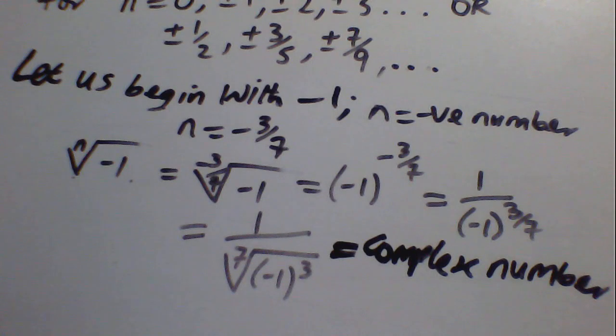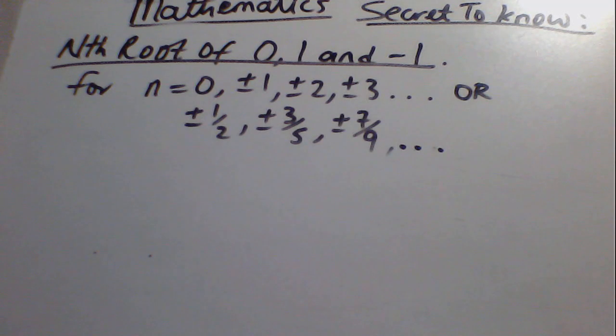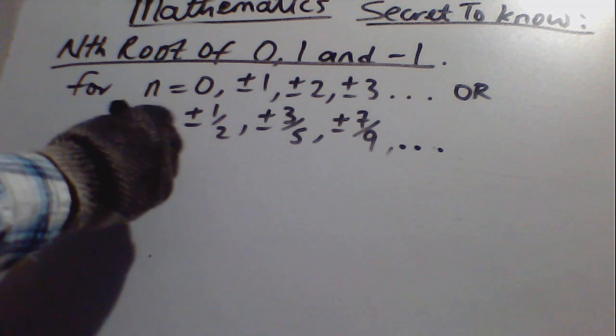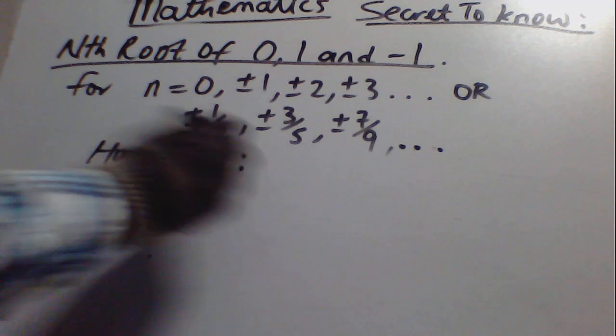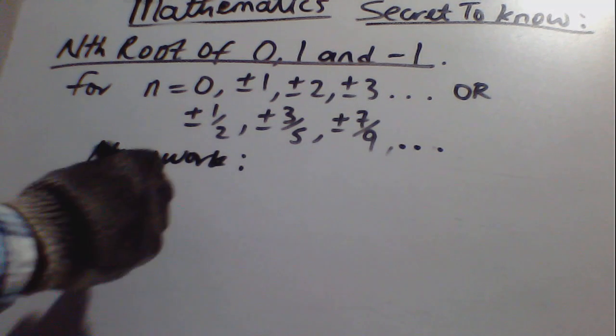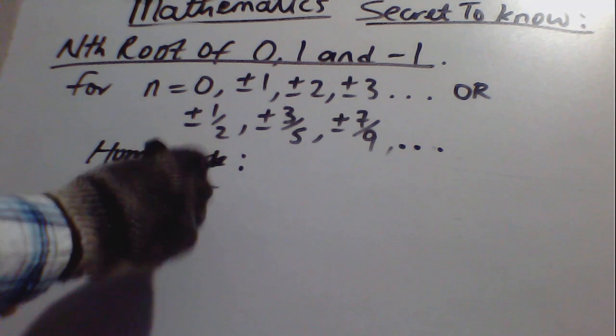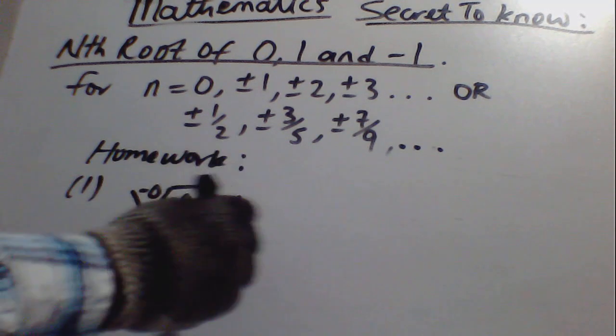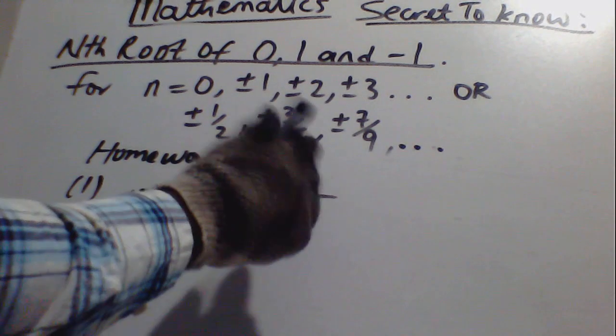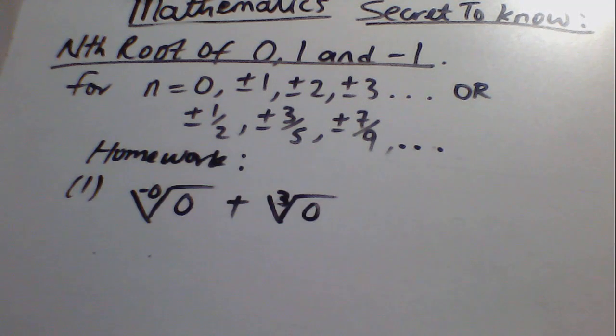So that is it. So the first is you have homework. Sorry, 1. You have here 0 to the power of 0, plus you have another one, 3 is 3, and here is 0.